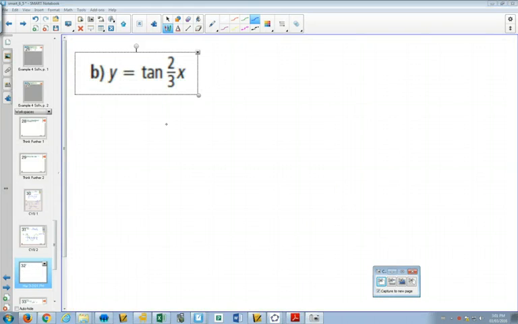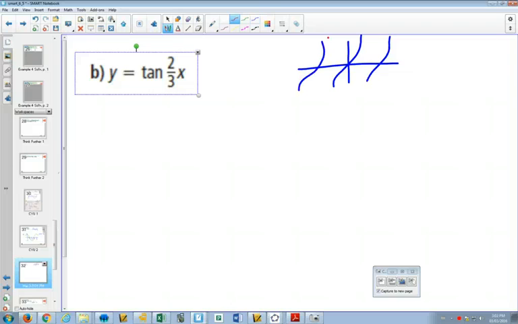So for part B, graphing this, what is that 2/3 going to do? We're going to multiply our x values by 3 over 2. As far as graphing this, we know that our tangent graph looks like a bunch of x cubed graphs with asymptotes at certain places.